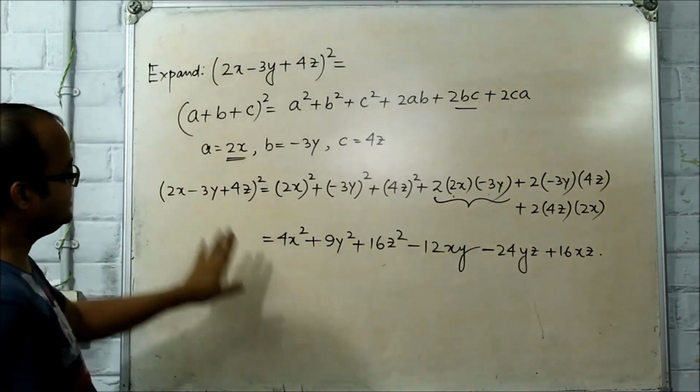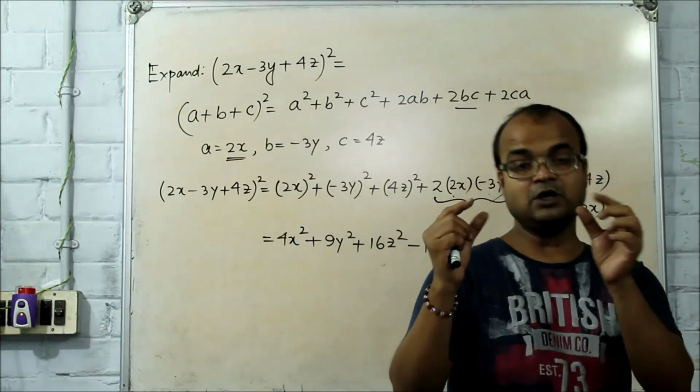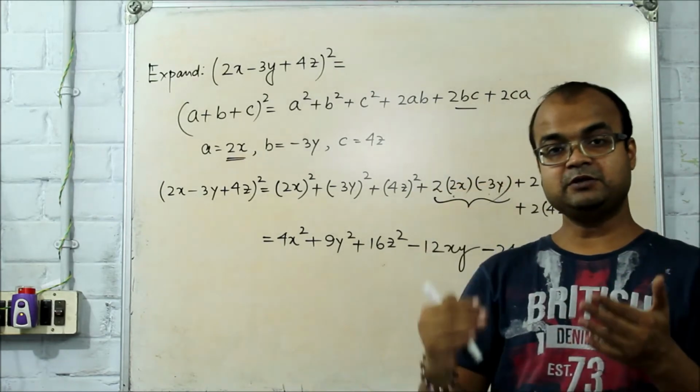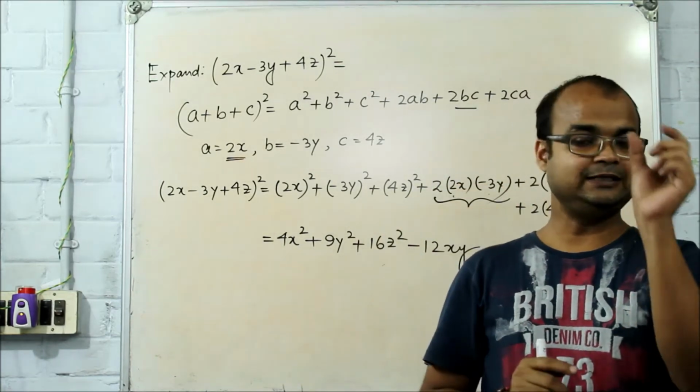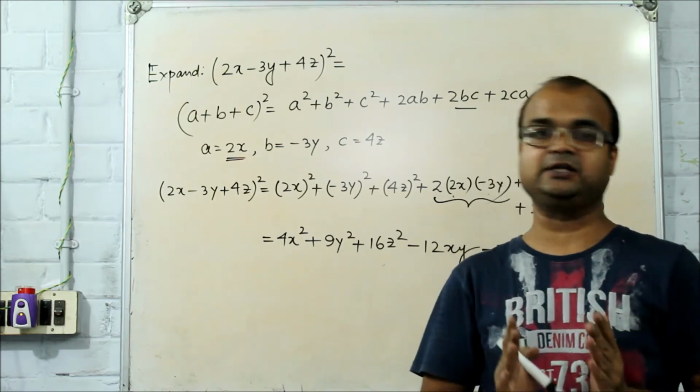So this is the expansion of the given sum. So in each problem you need to compare (a + b + c) whole square and then compare the value of what is a, b and c and apply the formula.